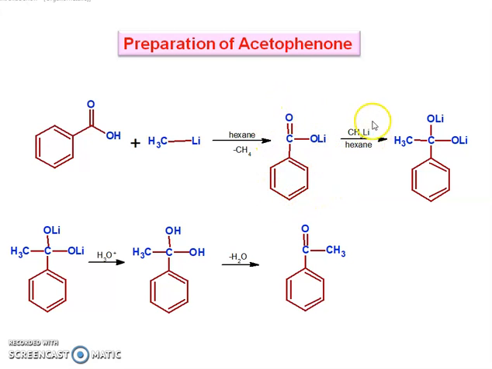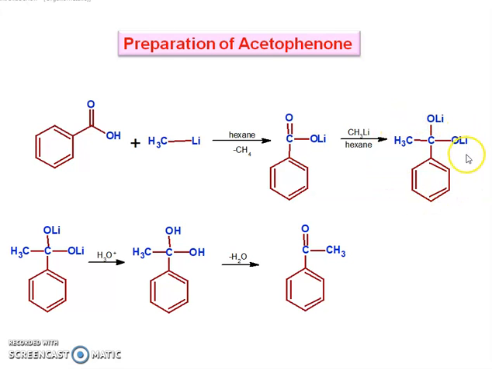Then another molecule of methyl lithium is added to this intermediate. This methyl acts as a good nucleophile and attacks the carbonyl carbon.